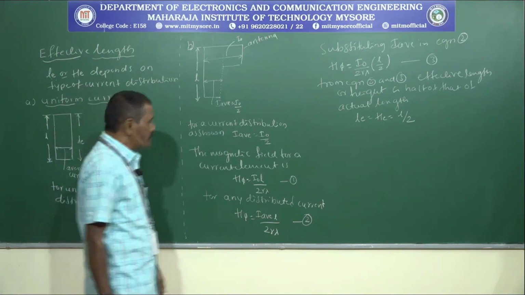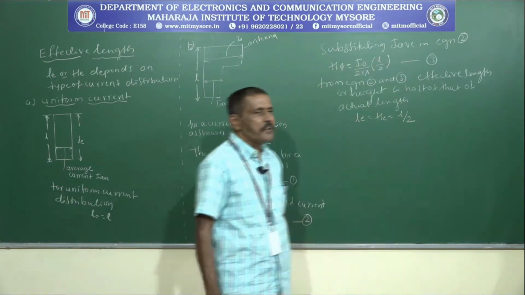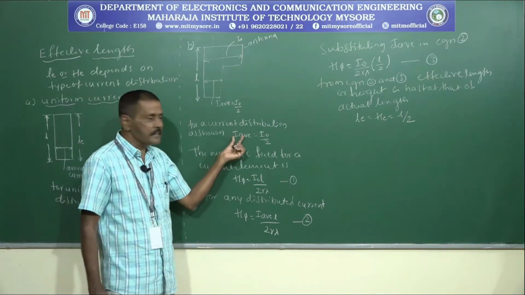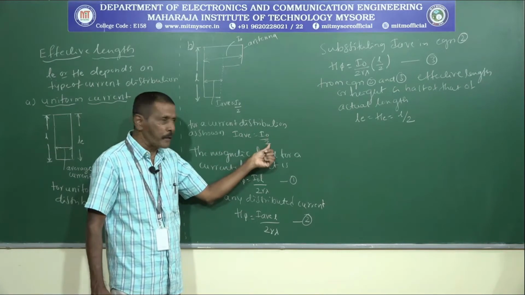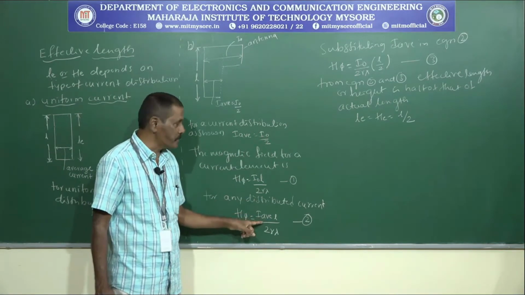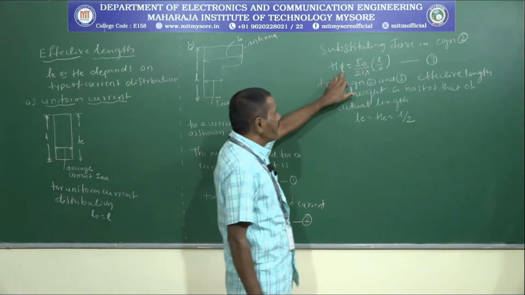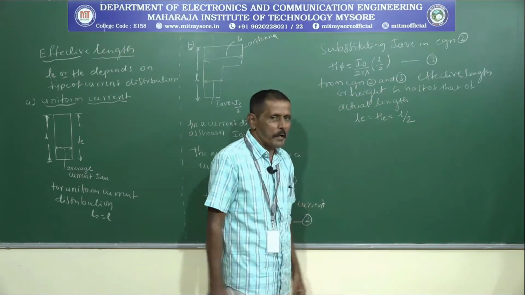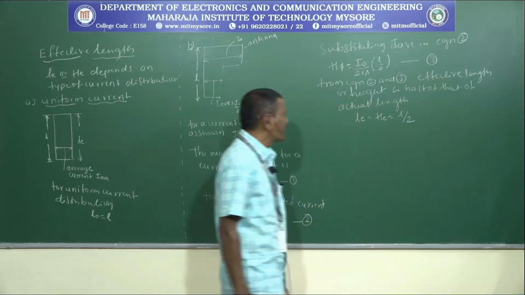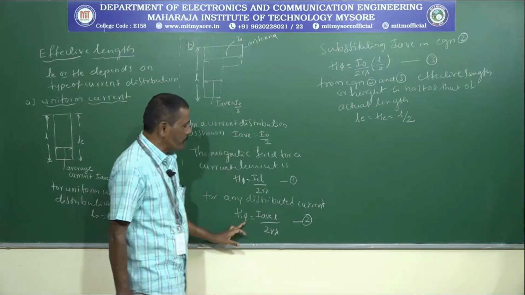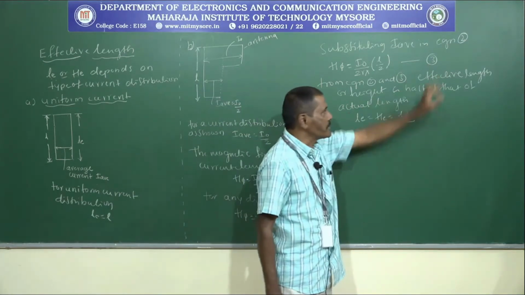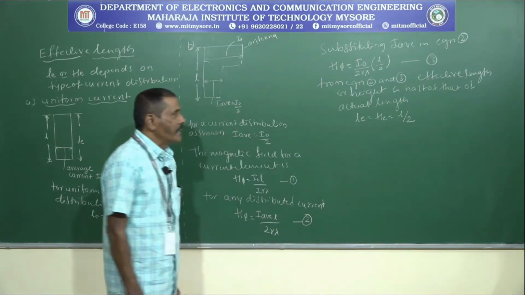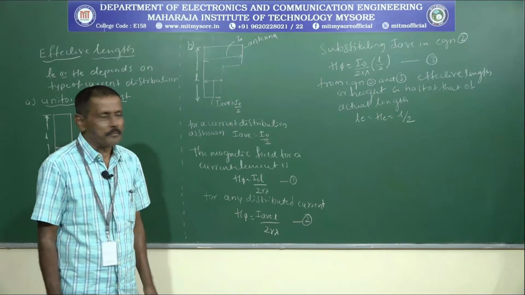Now substitute the value of I average in equation number 2. Here you have I average equal to I0 divided by 2. Substituting, H phi is equal to I0 divided by 2R lambda into L by 2. Call it equation number 3. Now from equation number 2 and equation number 3, the effective length of the antenna is half of the actual length of the antenna.